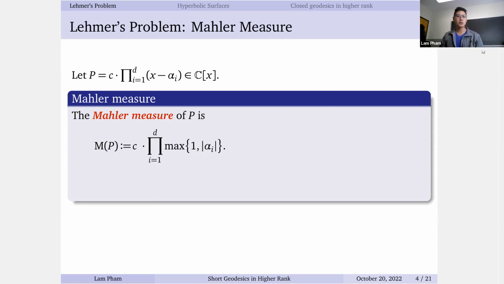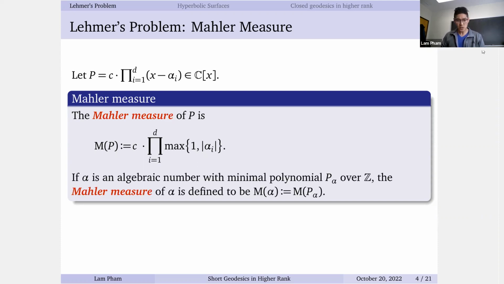You can of course restrict to monic polynomials, but because we'll be interested in algebraic integers, and we will often look at the minimal polynomials over Z, you have to take into account the leading coefficient for this Mahler measure. For an algebraic number, we then define its Mahler measure to be the Mahler measure of its minimal polynomial over Z. So M(alpha) is M(P_alpha).